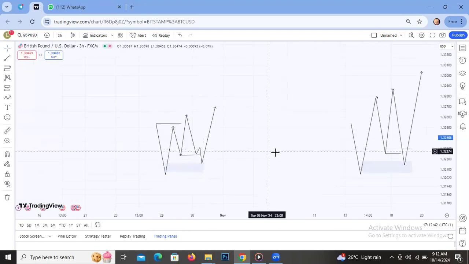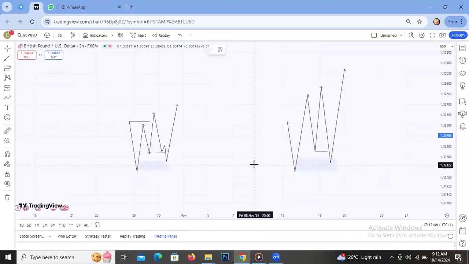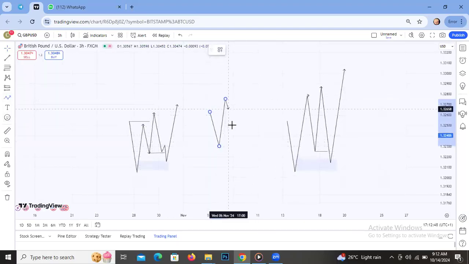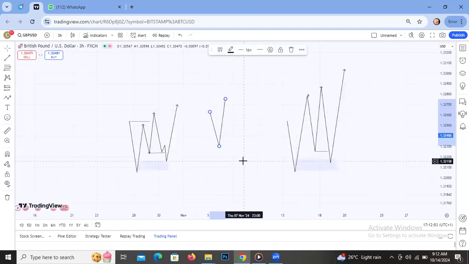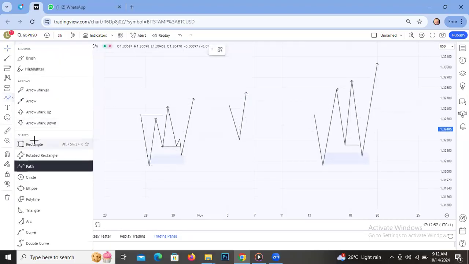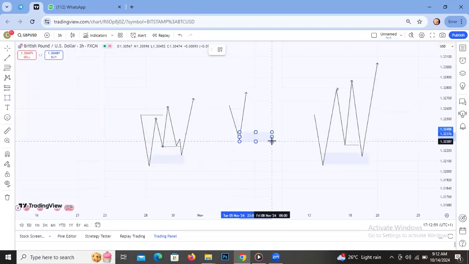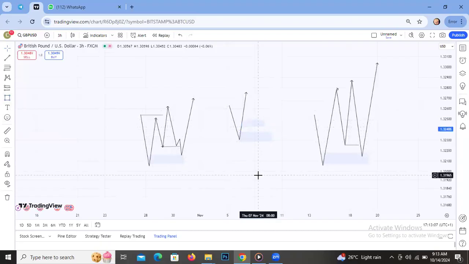So FVGs create liquidity. Why do I say such? It's because let's say we have two zones now. This is the first zone like this. This is a buying structure. And we have another block here. And we have FVG here.